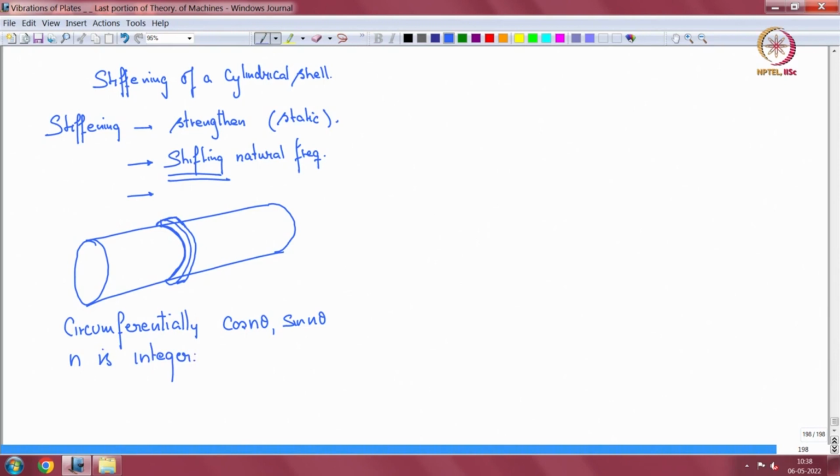And so, because it is a hard connection, the ring also must have the same displacement.